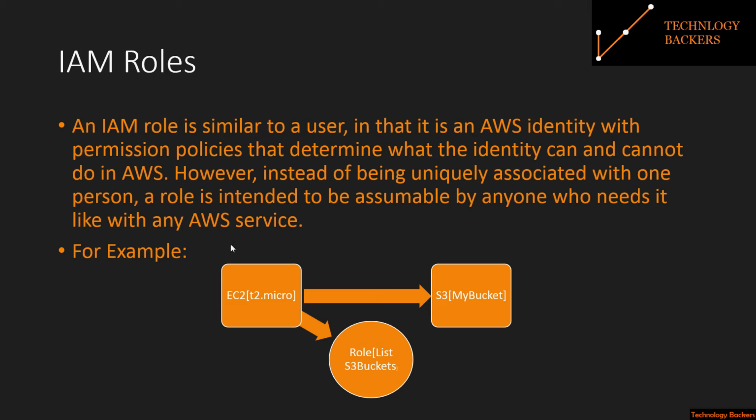By assigning this role to the EC2 instance, now the EC2 instance can list all the S3 buckets present in that account. So this is one way to understand what roles are. Okay, now we'll go directly into the lab in the Management Console and see all these things working.